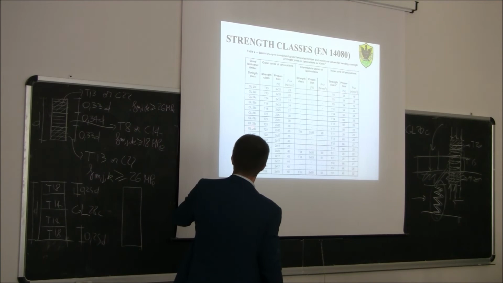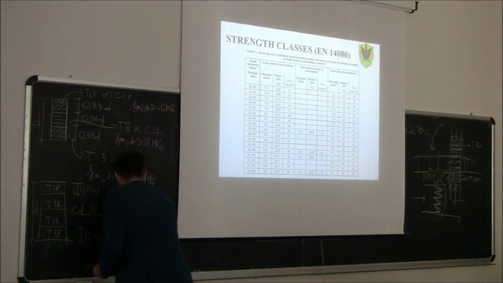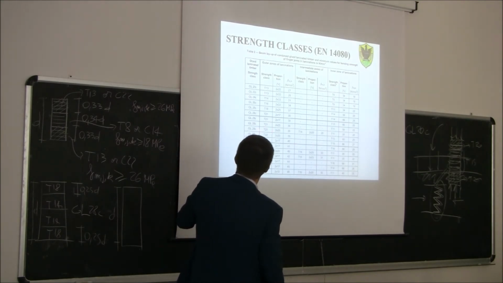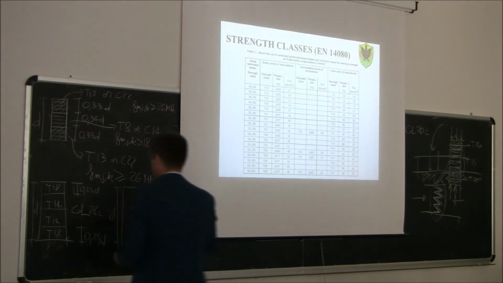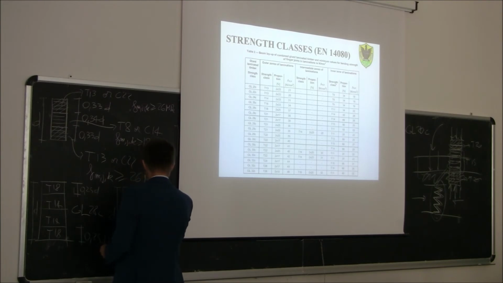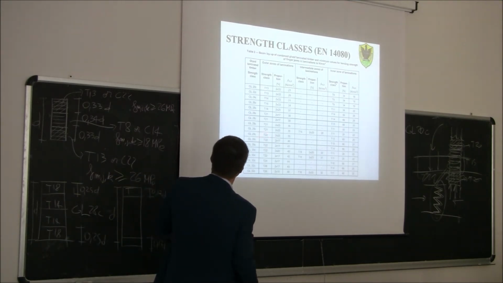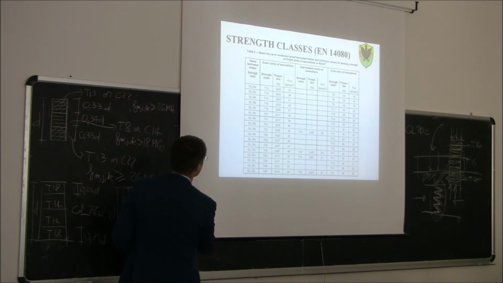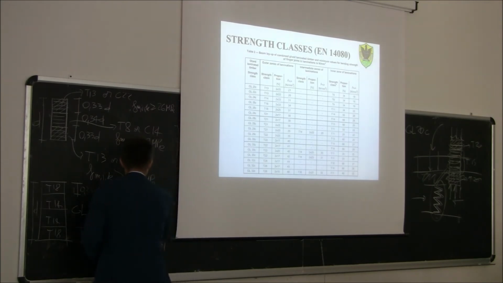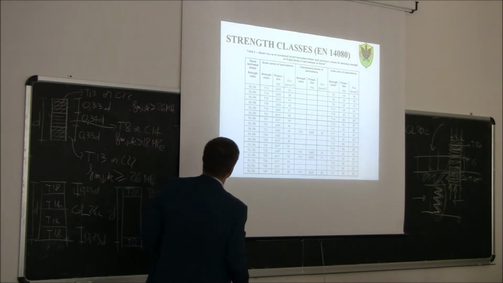So the last option, GL28C, we have, if this is D, 2 times 17, so basically T22, T22 and T13.